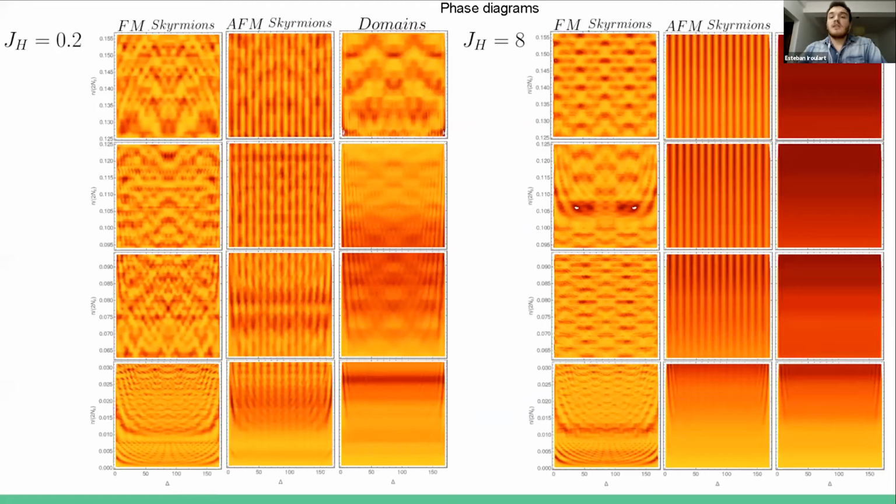All that I just told can be compressed in these phase diagrams that are density plots of the energy as a function of both the electronic filling in the y-axis and the distance delta in the x-axis.